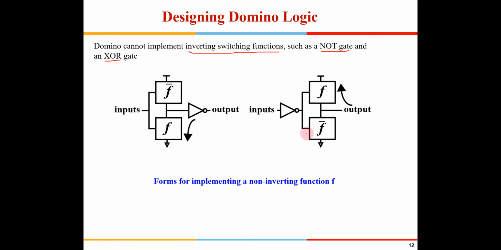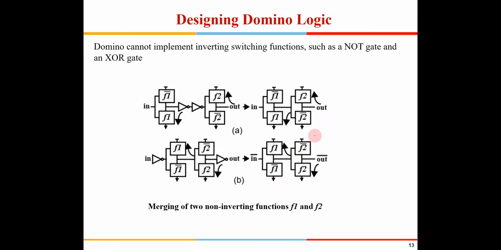This property can be used to simplify some of the domino logics. Like there is an inverter here and there is an inverter here. This is a non-inverting function, this is also a non-inverting function. So these two inverters get cancelled out here. Okay, this will be clear in the next slide.